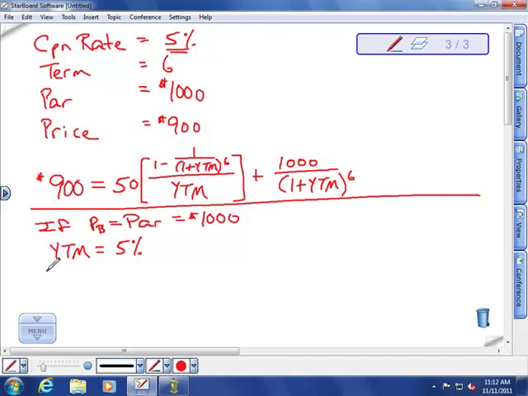So, since the price of the bond is not equal to the par, which in this case is $1,000, we know that the yield to maturity here is not 5%.